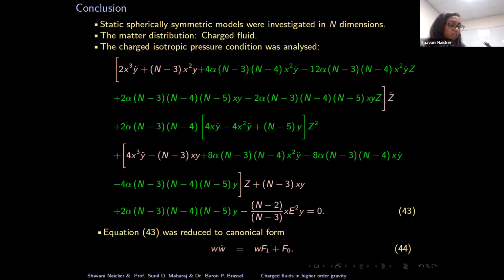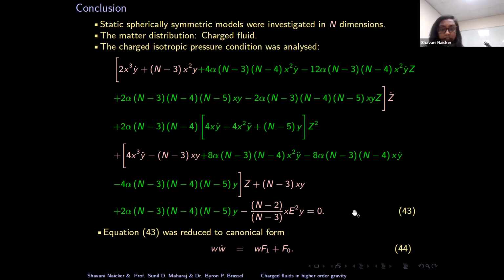So to conclude, we have investigated static models that are spherically symmetric in EGB gravity in n dimensions. We considered the matter distribution to be a fluid in the presence of an electromagnetic field with isotropic pressure. The charge isotropic pressure condition equation is provided by equation 43. Now, equation 43 does admit an exact solution.